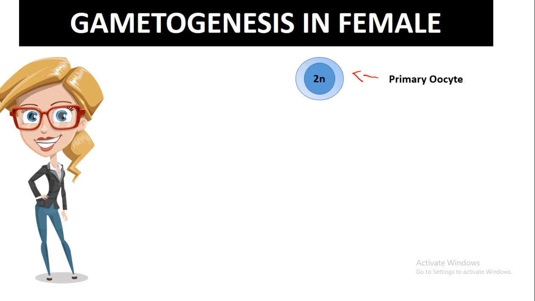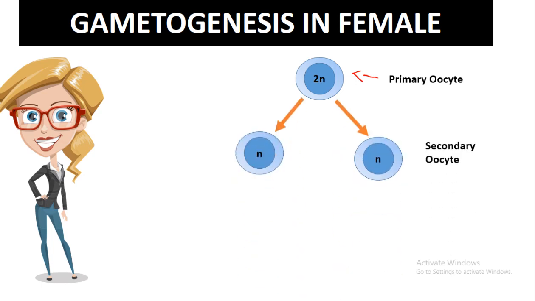So this primary oocyte will undergo the same cell division which happened in the primary spermatocyte. It will undergo meiosis 1. When it undergoes meiosis 1, there is a reduction from diploid to what?